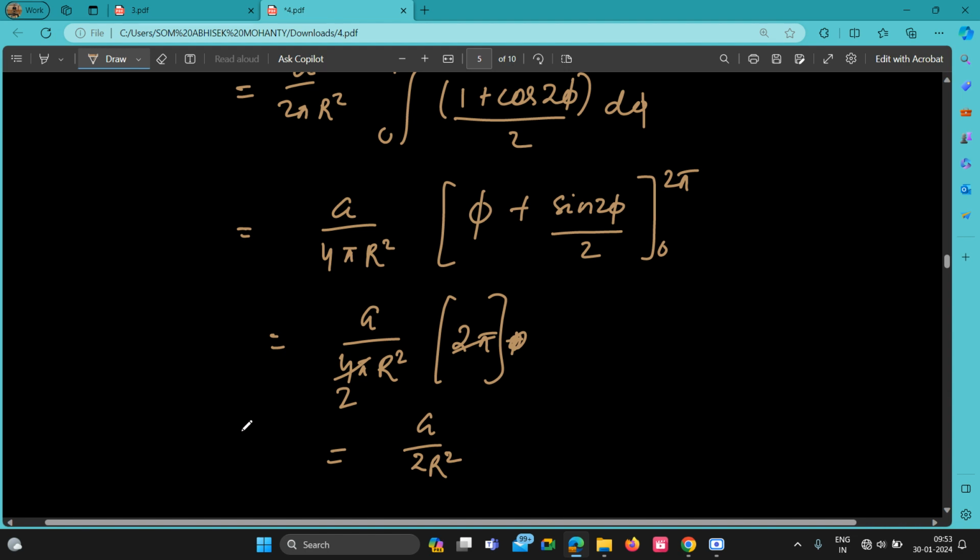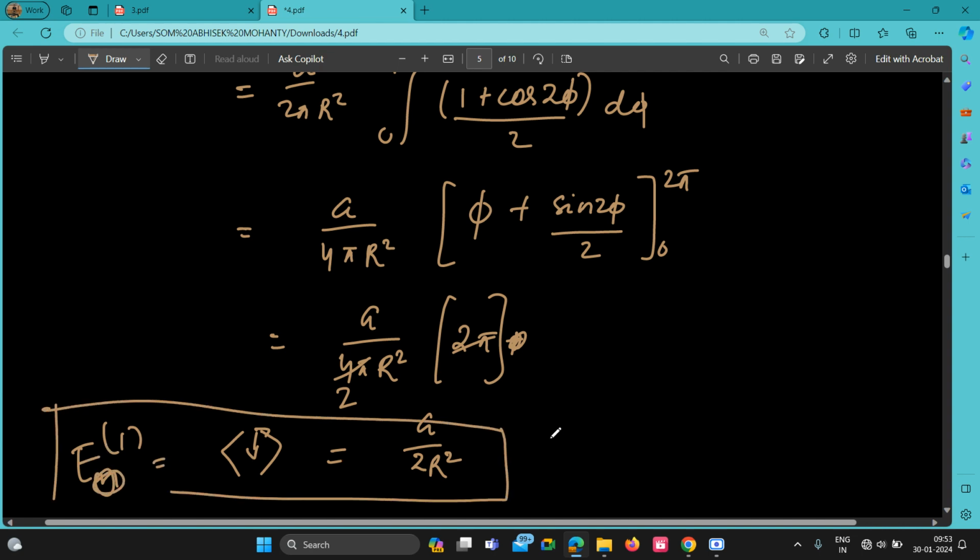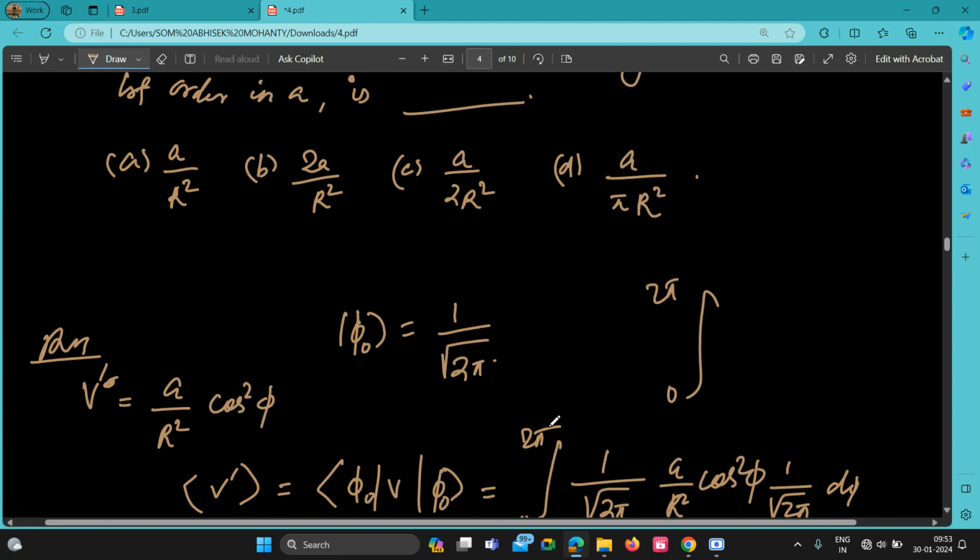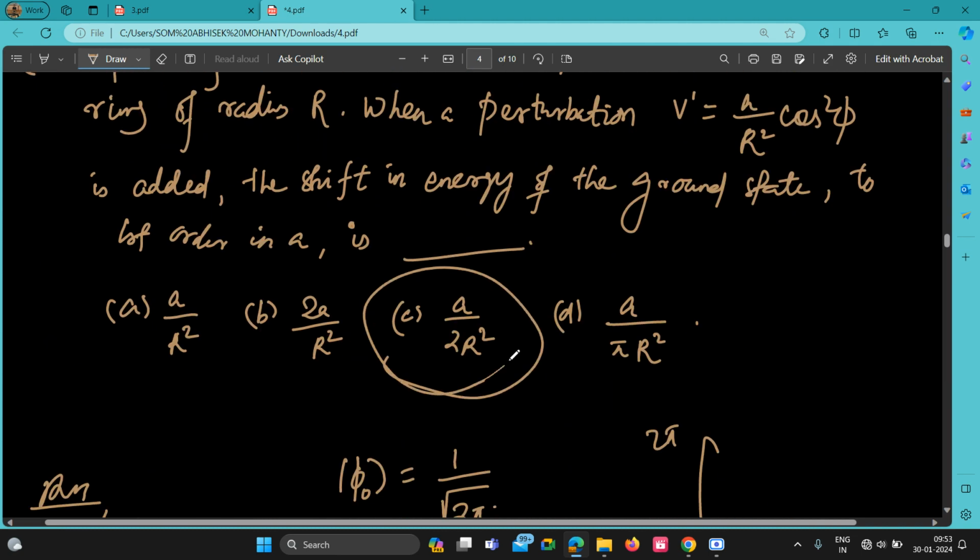This is the answer. This is the shift in energy, E01, the ground state energy. A by 2 r square. So let's see the options. A by 2 r square. Is that alright?